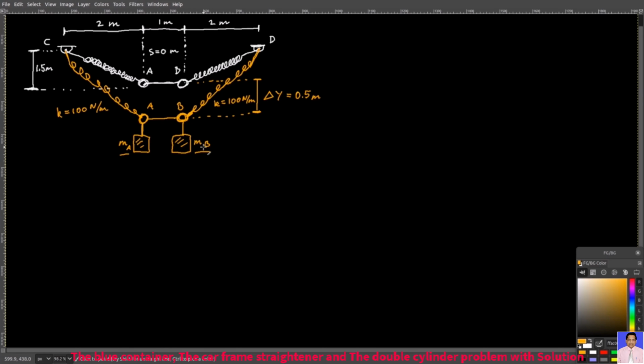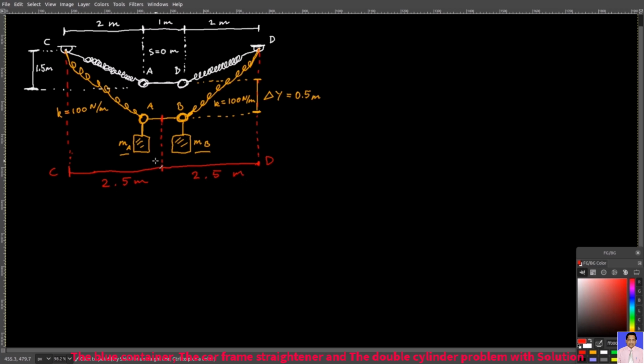Now before we make any kind of calculations, let's see if there are some obvious simplifications due to symmetry. You can clearly see that from this middle line here till this point here, which is point D, and this point here, which is point C, on both sides you have 2.5 meters.